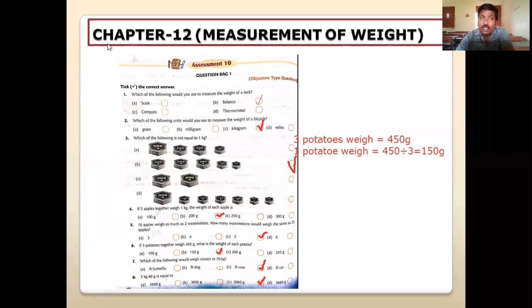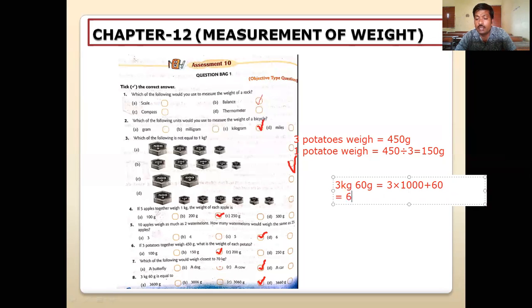I have already taught you how we can convert 3 kg 60 gram into gram. 3 multiplied by 1000, and when we add this 60, it makes 3060 gram. Okay, so the answer will be C, 3060.